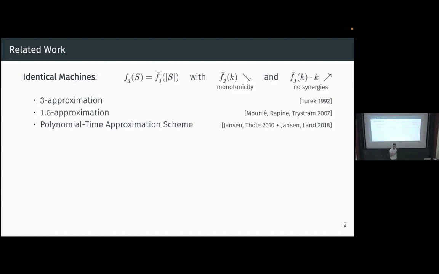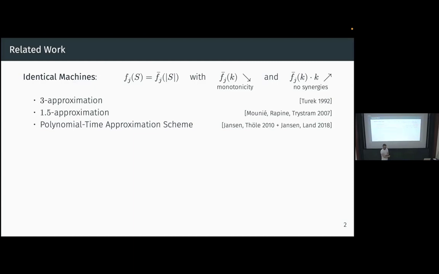So f of k times k, you can think of this as the number of machine hours it takes to process the job. Yeah? So the number of machines times the time each of the machines takes, that's the number of machine hours, the work. And what's behind this is the assumption that there are no synergies. When you combine multiple machines, then together they will not be faster than the sum of their individual speeds. Yeah? So that's one interpretation of this.